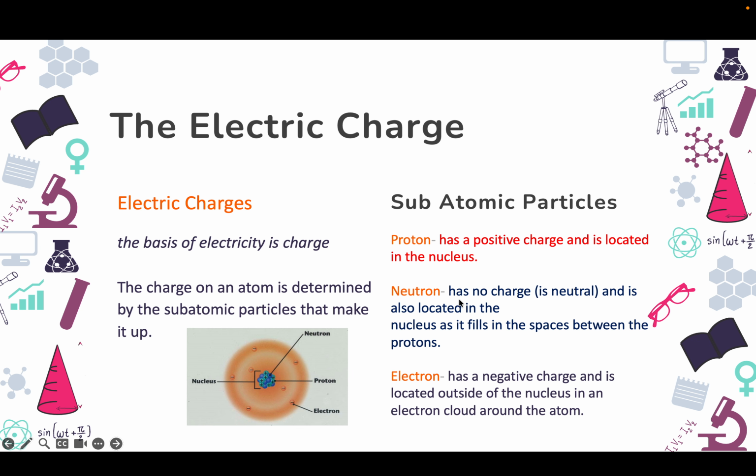The neutron has no charge, which means it's neutral, and it also is located in the nucleus as it fills in the spaces between the protons, while your electron, like what we previously mentioned, has a negative charge and is located outside of the nucleus in an electron cloud around the atom, or what we call the orbital.